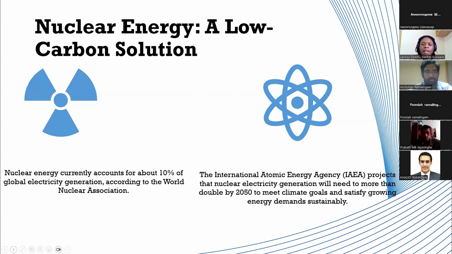So, the environmental benefits of nuclear energy are profound, unlike fossil fuel-based power generation. Nuclear power plants emit virtually no air pollution, helping to improve air quality and reduce health risks associated with pollution. Studies estimate that nuclear power has prevented millions of tons of carbon dioxide emissions annually, making a significant contribution to global efforts to combat climate change.